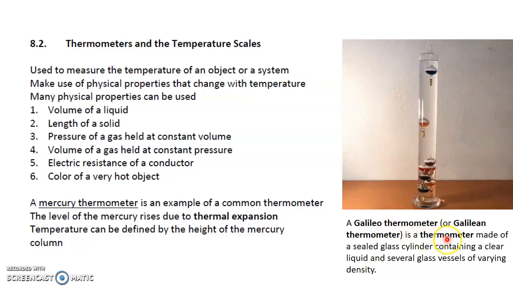It is a thermometer made of a sealed glass cylinder containing a clear liquid and several glass vessels of varying density. So we have several glass vessels here which represent different temperatures. The individual glass vessels will rise or fall in proportion to their respective density and the density of the surrounding liquid as the temperature changes.